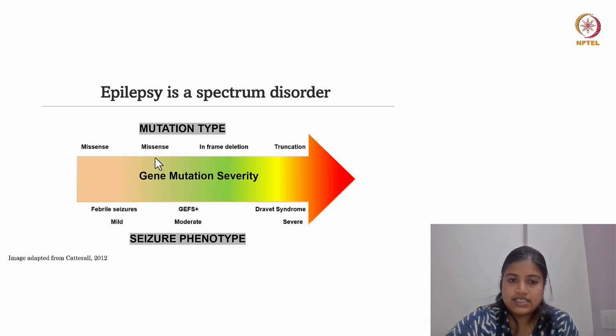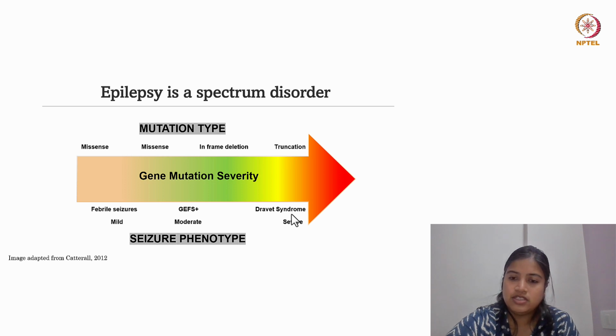If there is a missense mutation, it could also give rise to something called GEFS plus, which is generalized genetic epilepsy with febrile seizure plus, and that has a moderate seizure phenotype. In-frame deletion or truncation mutations generally tend to have more severe phenotypes, and that phenotype is referred to as Dravet syndrome.